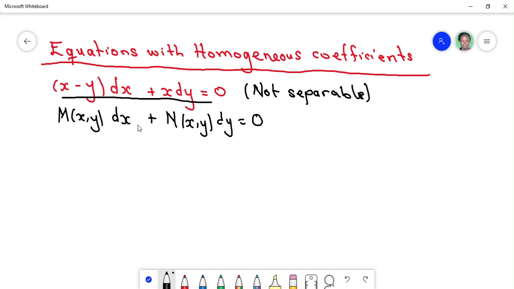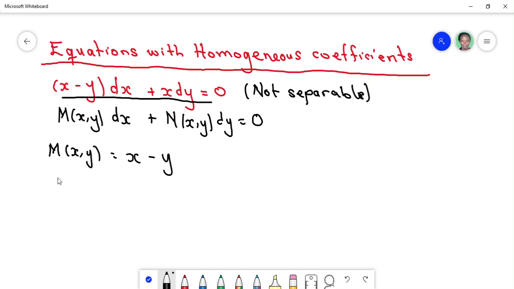And if they are homogeneous, then I can use the method of substitution here. To check whether they are homogeneous, let's look at M of x, y, which is equal to x minus y.